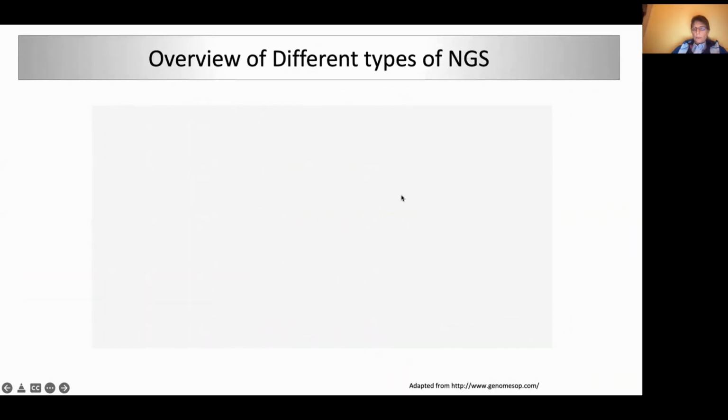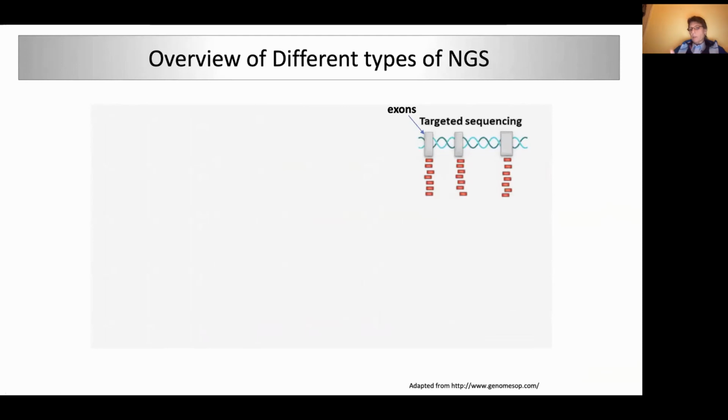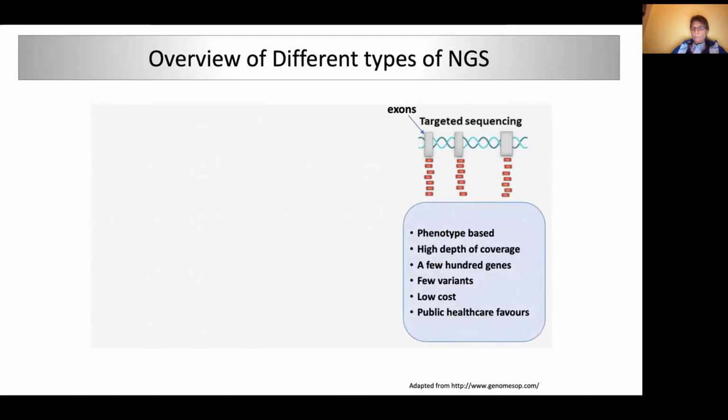If we look at the different types of NGS, as I mentioned, you can have targeted sequencing, where you're literally just pulling off sequences of interest, for example, a group of ataxia genes. So this is a phenotype-based panel. Because you're not sequencing a lot of genes, you get a very high depth of coverage, so there's good quality data.